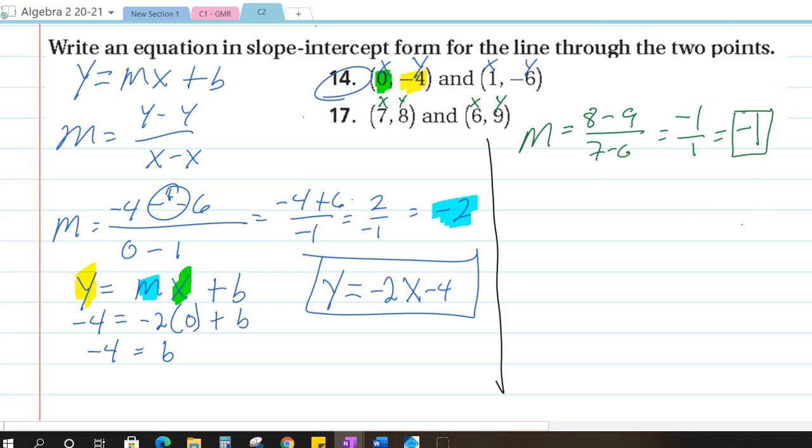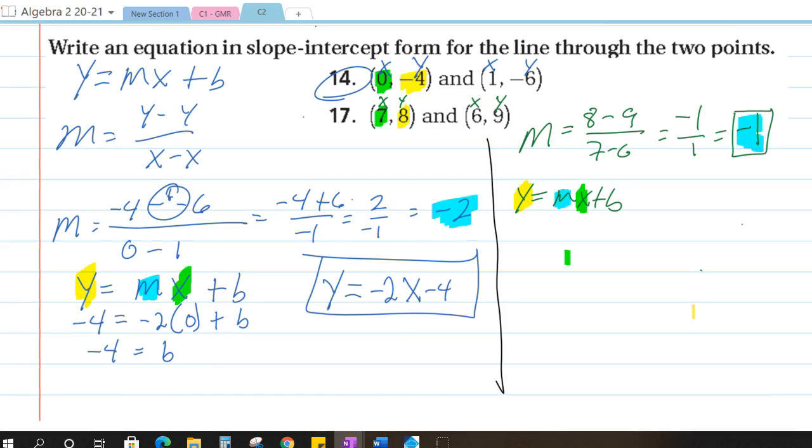Now I have my slope, but I still have to figure out what my b is. In order to do b, I'm going to use slope-intercept form. Y equals mx plus b. Let's take a look. My x value is 7. My y value is 8. And my slope, my m, is negative 1.